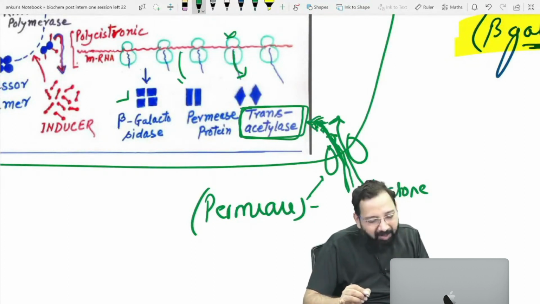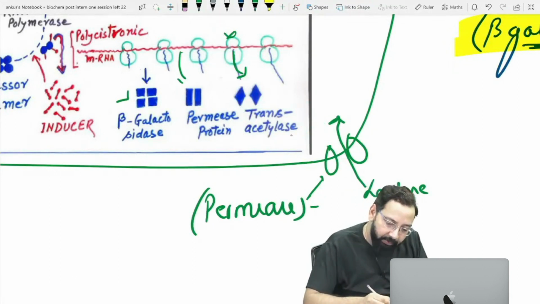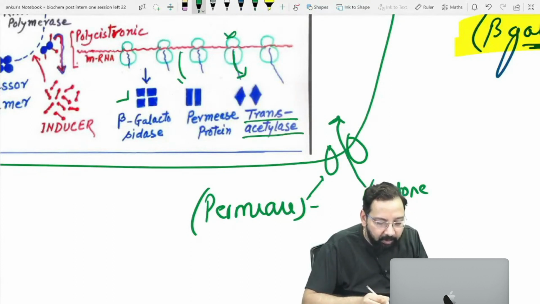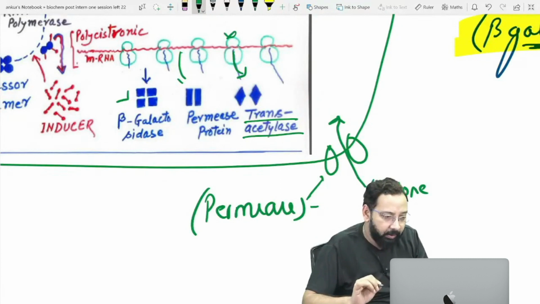Although it's not asked, you asked me, so I told you that standard textbooks say transacetylase has no well defined function, but a few textbooks say the function is to detoxify the compound which comes inside E. coli along with lactose via permease.